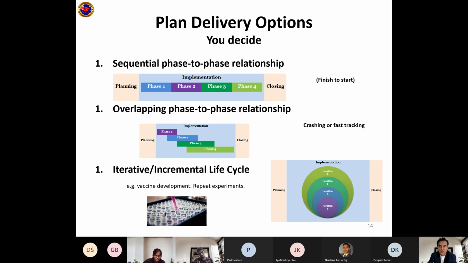That is, you finish something, then you start something. When something is finished, something else is started. It's called a dependency or relationship called finish to start. Some previous task has to finish for the next task to start.